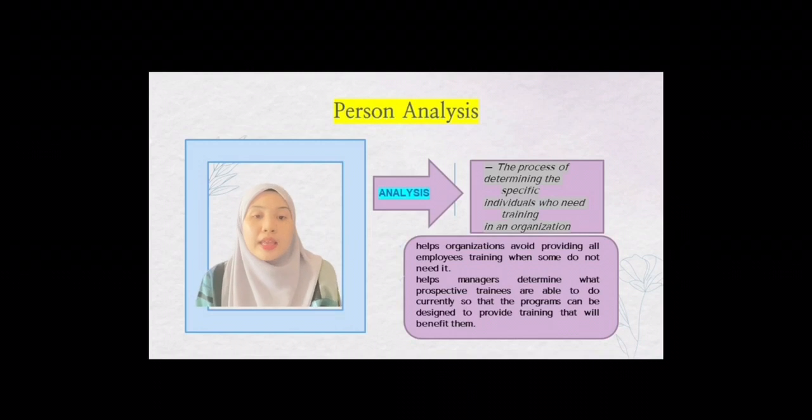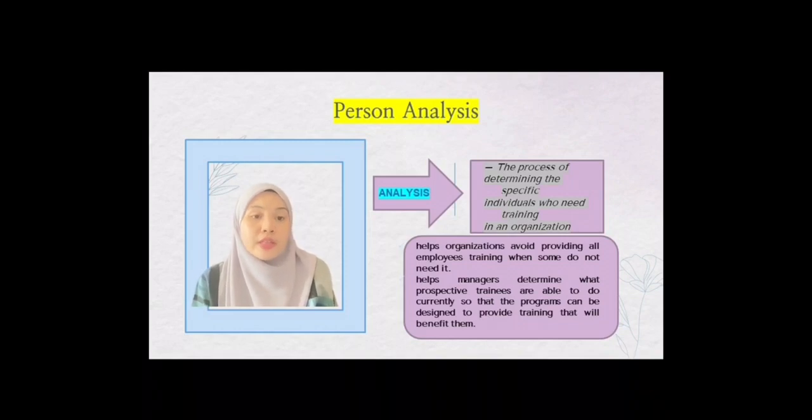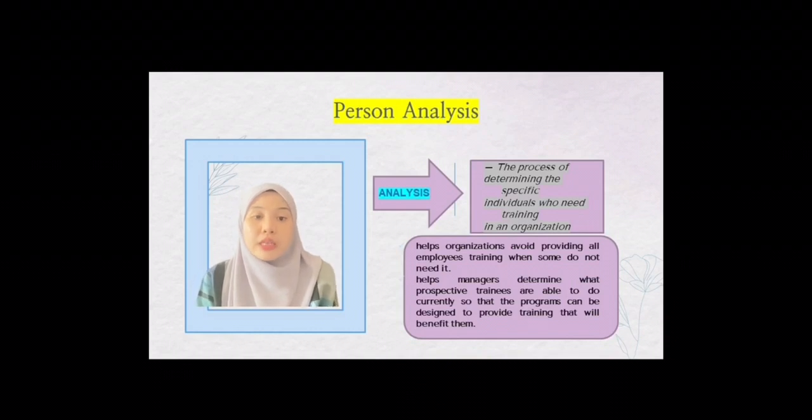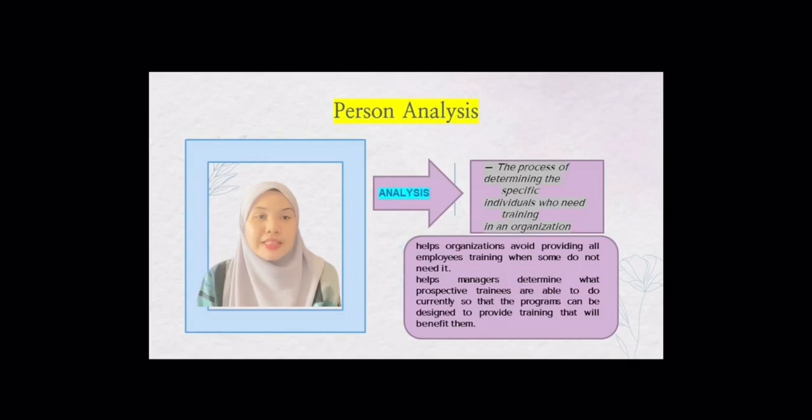Analysis also helps managers determine what prospective trainees are able to do currently, so that the programs can be designed to provide training that will benefit them. So all the performance information can be used to conduct a person analysis.